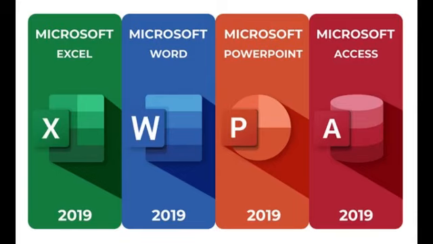Office 2016. The first preview version of Microsoft Office 2016 for Mac was released on March 5, 2015. On July 9, 2015, Microsoft released the final version of Microsoft Office 2016 for Mac, which includes Word, Excel, PowerPoint, Outlook, and OneNote.